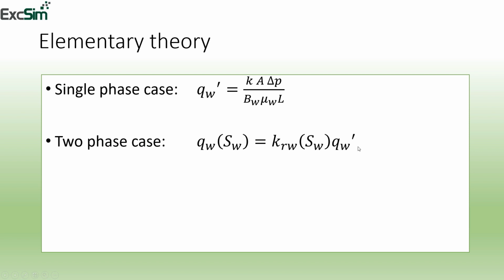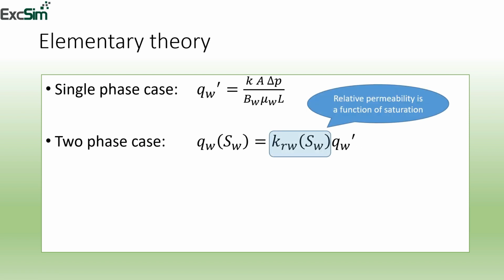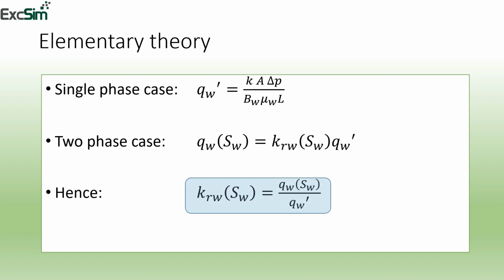The pressure drop and everything is the same. Then the relative permeability is simply a proportionality function between the two, or a ratio between the two. And we're going to use that to generate the pseudo curve. That's why we need to find the baseline flow rate, or the single phase flow rate of both water and oil.